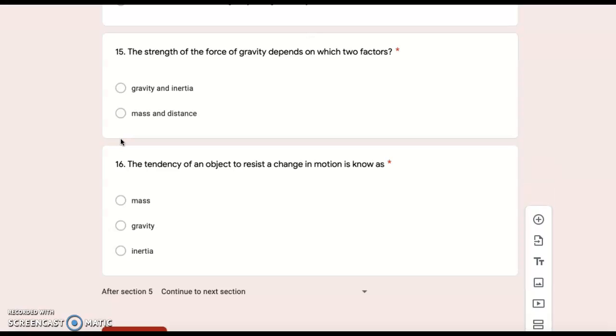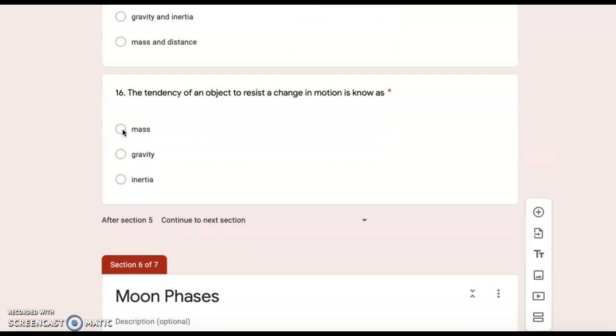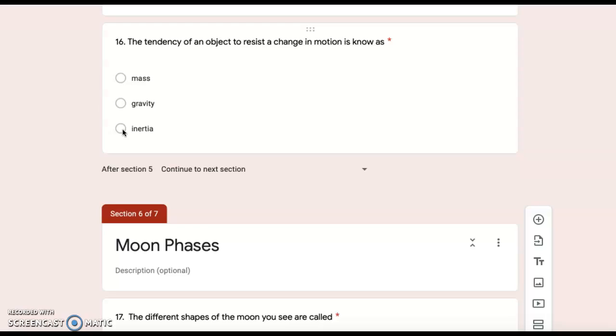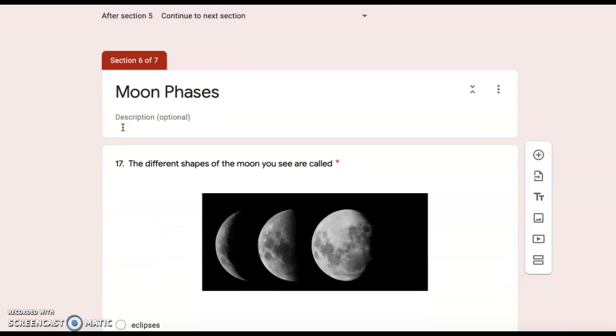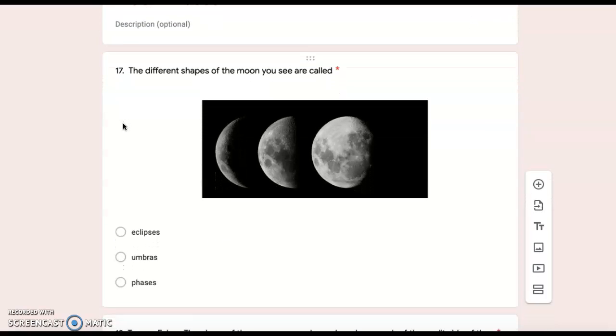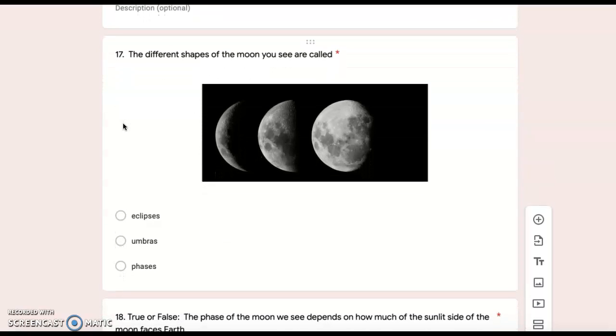15. The strength of the force of gravity depends on which two factors? Gravity and inertia, or mass and distance? 16. The tendency of an object to resist a change in motion is known as mass, gravity, or inertia. 17.